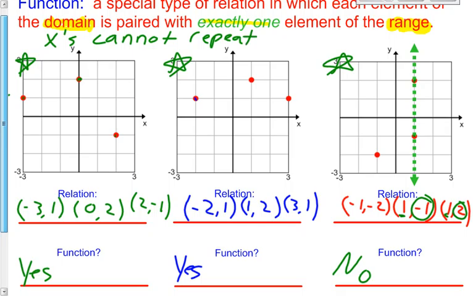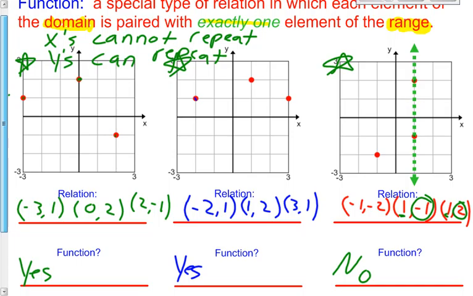If the x values repeat, then you know for certain that this is not a function. However, the y's, they can repeat.